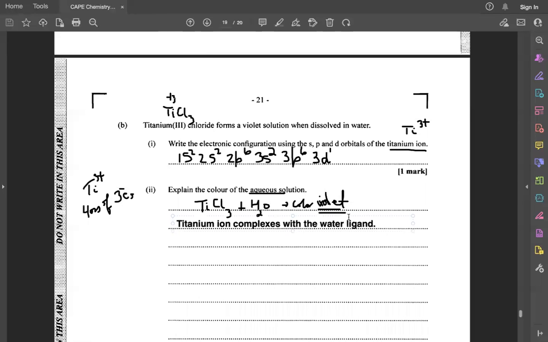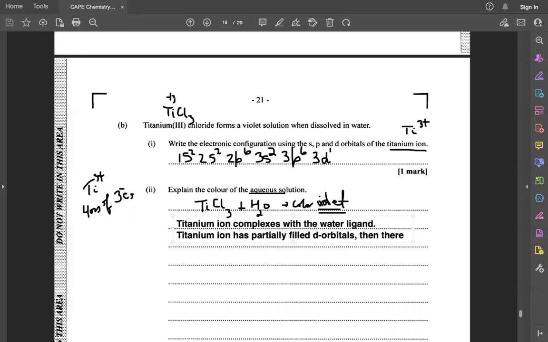And then as a result of that, because the titanium ion has partially filled d orbitals, right? Remember, we only had one electron in the orbital here, so that's a partially filled d orbital.